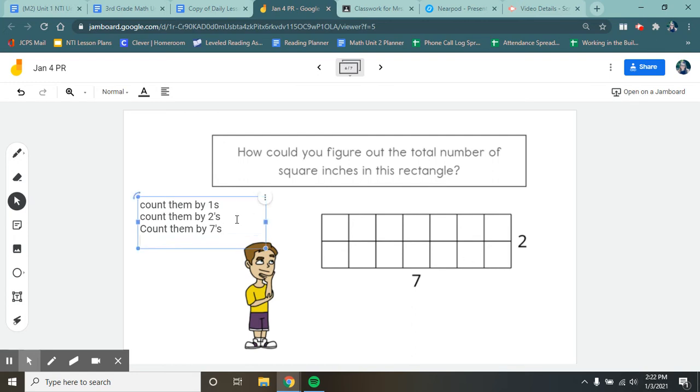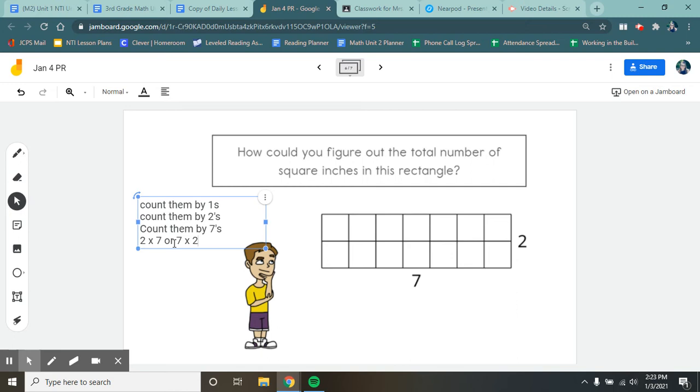And now that we've kind of been shown how to build grids or rectangles using a grid, we can also do multiplication to find the area. So we could say that we could do 2 times 7, or we could do 7 times 2, because you guys learned that the order of the factors does not change the overall product.